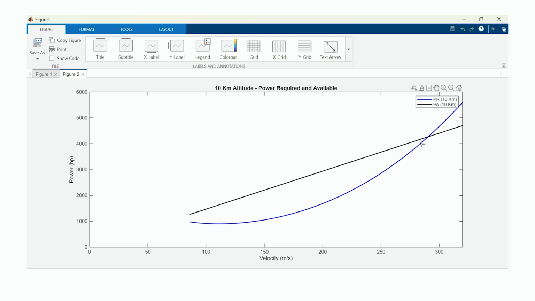Now let us go ahead with the next part of this course, that is the rate of climb. So let us discuss rate of climb. This part is about how fast an aircraft can climb, and how long it takes to reach a certain altitude.